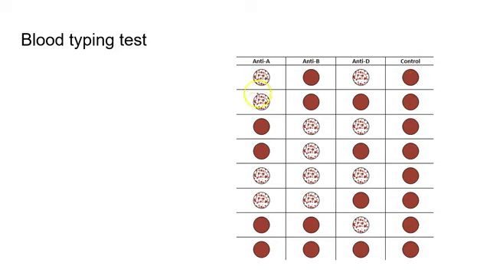But then you can see some reactions after adding the antibody to our blood. So this means we got a reaction. What does it mean after adding anti-A to our blood and getting a reaction?